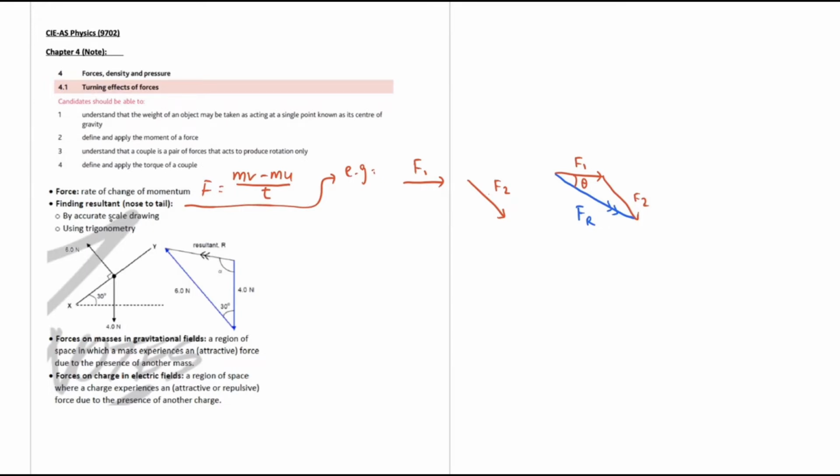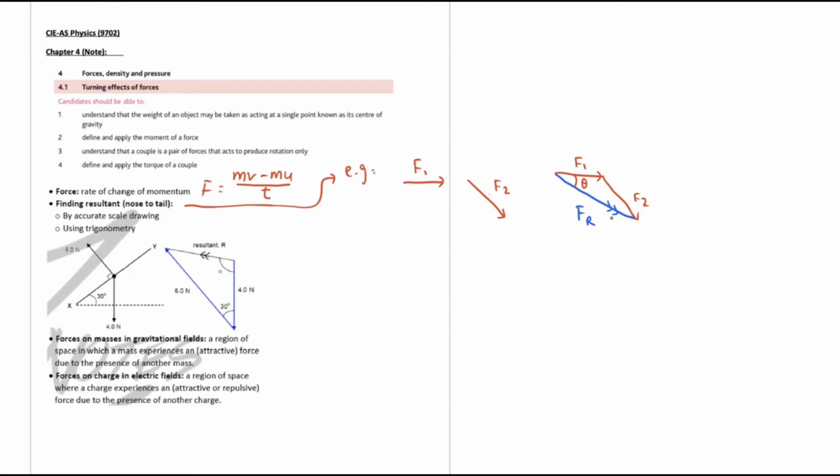If you don't want to do accurate scale drawing, then you can use trigonometry, where you just form the diagram without accurate scale. You can just roughly draw it out, and then use SOHCAHTOA, the sine, cos, tangent formulas, or even the sine rule and cosine rule to work out the magnitude of the resultant force together with its angle. So we can do that.